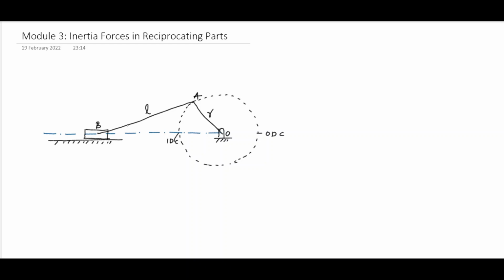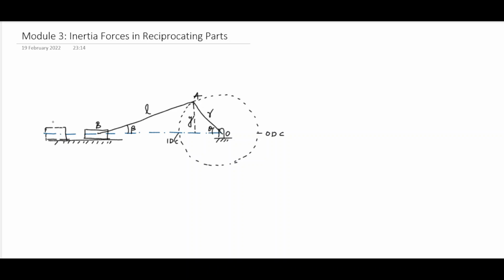Now the angle made by the connecting rod at this particular instance is beta, and the angle turned by the crank from the IDC is theta. Let's say this line length is y. Initially, when the crank was at the IDC, the slider was here.